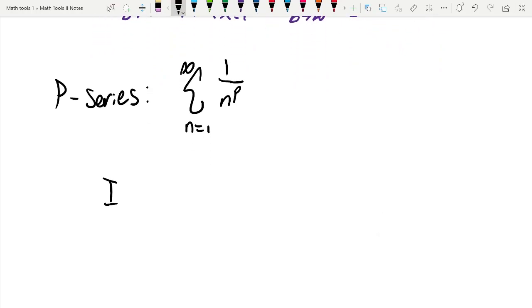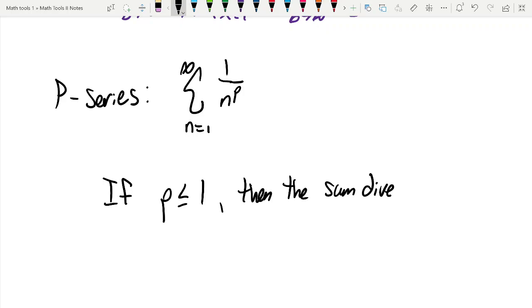So if p is less than or equal to 1, then the sum diverges. Okay, so we saw this with the harmonic series.